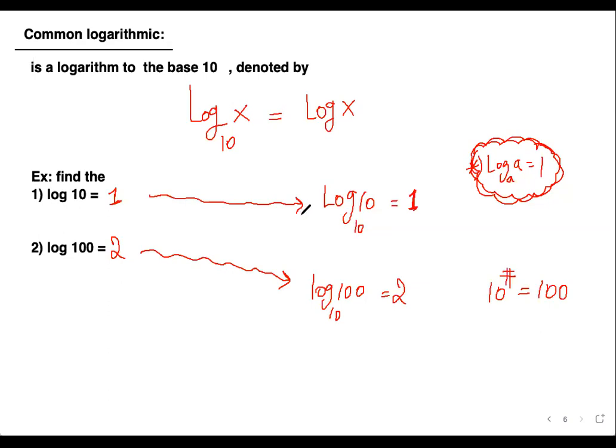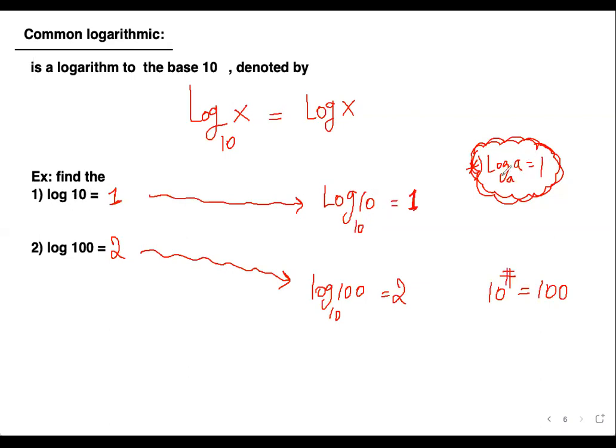So you should know here, when you see log 10, you have to know the base is 10. This is the important thing here. When you see something like this, log of 10, it means log 10 to the base 10.